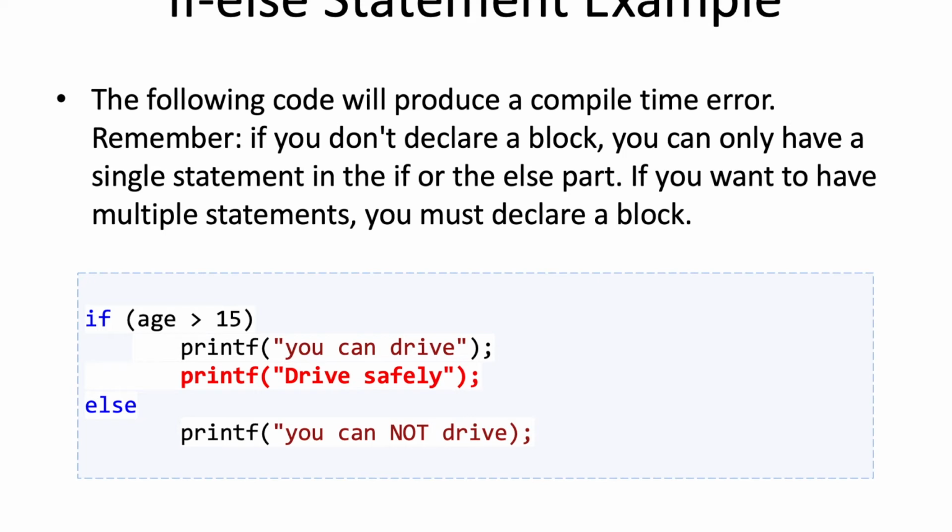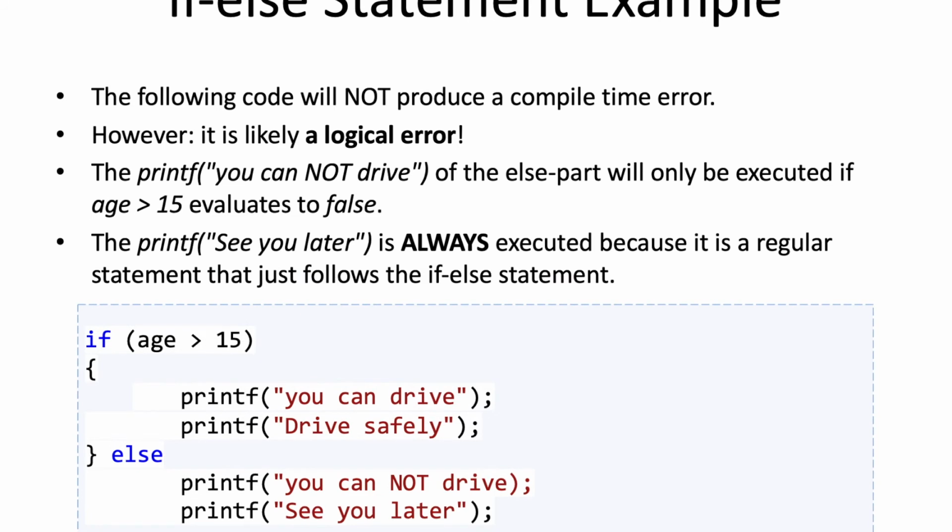If you put this code in and try to compile, the compiler will complain with an error, because if you have multiple statements that depend on the if statement, you need to use curly brackets. For example, like this, you should use curly brackets to indicate the block of code that belongs to the if statement.